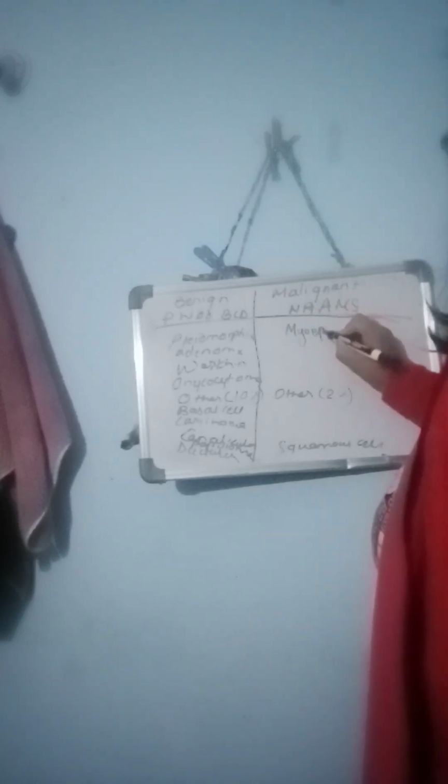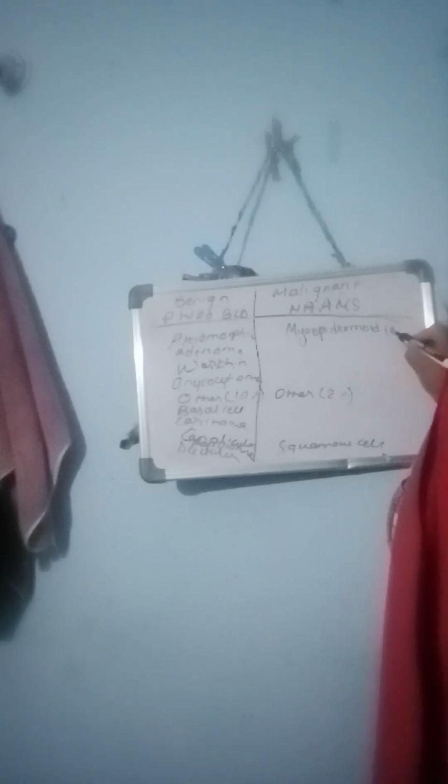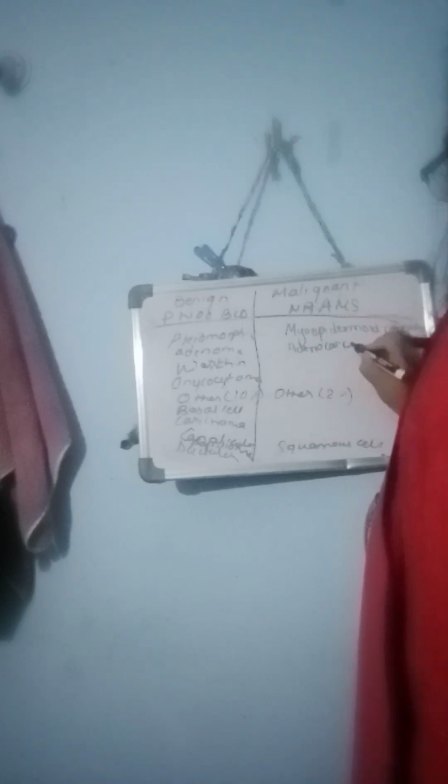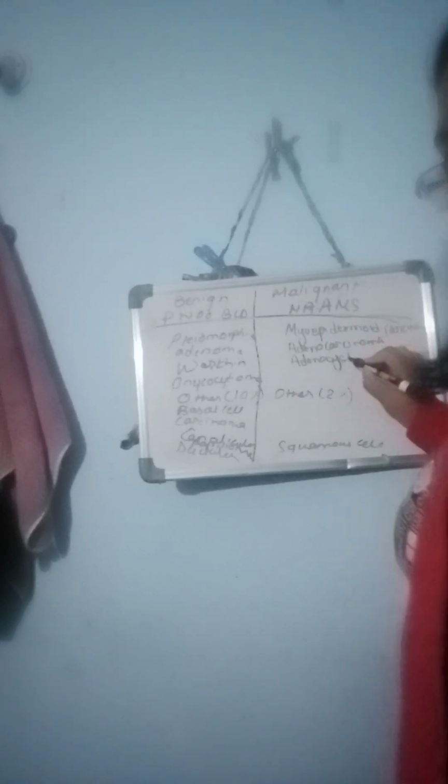Now coming to the malignant form, first one is mucoepidermoid carcinoma. A stands for acinic cell carcinoma, then adenocarcinoma, then adenoid cystic carcinoma, and then we have the mixed type of carcinoma.